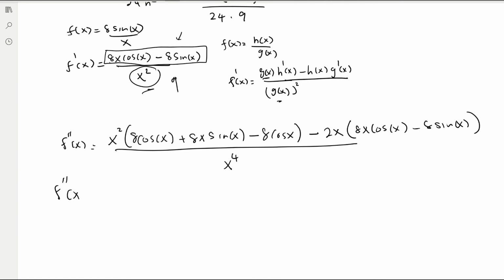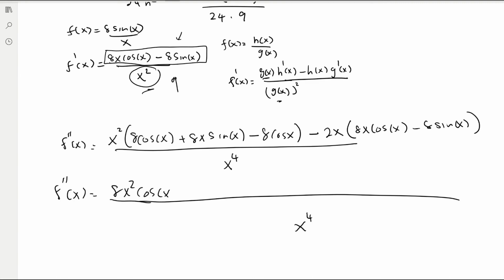Okay, so x to the 4. Now if you multiply through, it's 8x squared cosine x. Multiplying by x squared, 8x cubed sine x, minus 8x squared cosine x, minus 2x times 8x, which is 16x squared cosine x, plus 16x sine x.